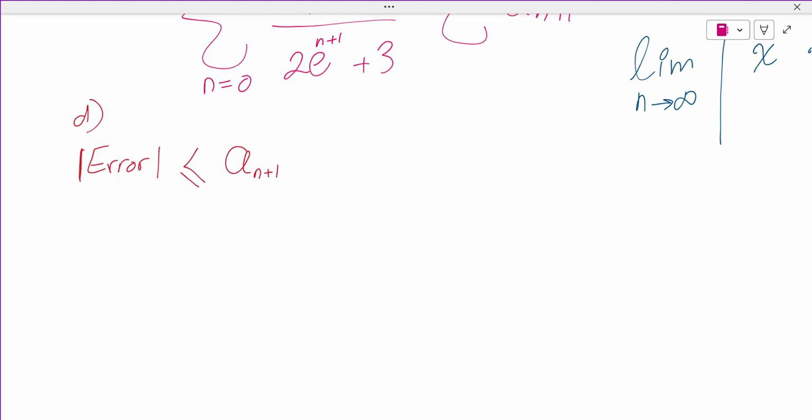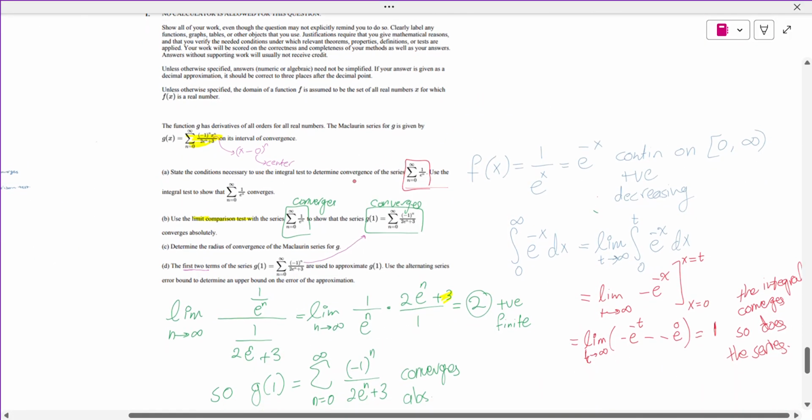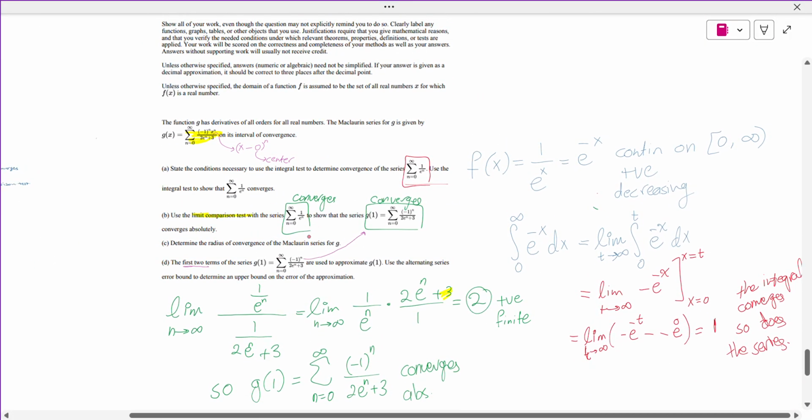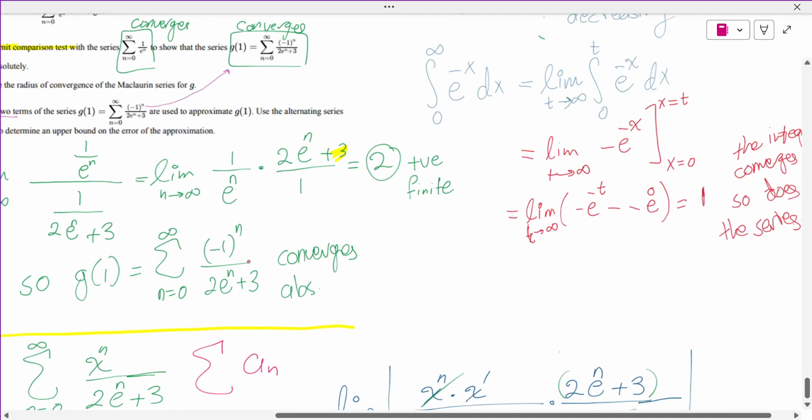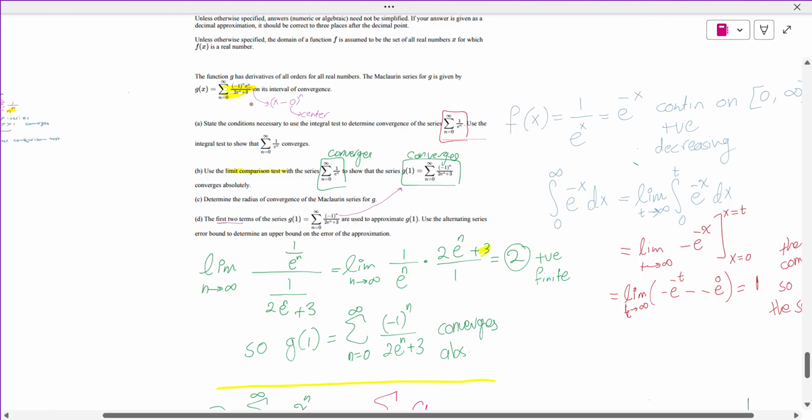A3, the third term, because the question said we use two terms. So what is the third term of G?